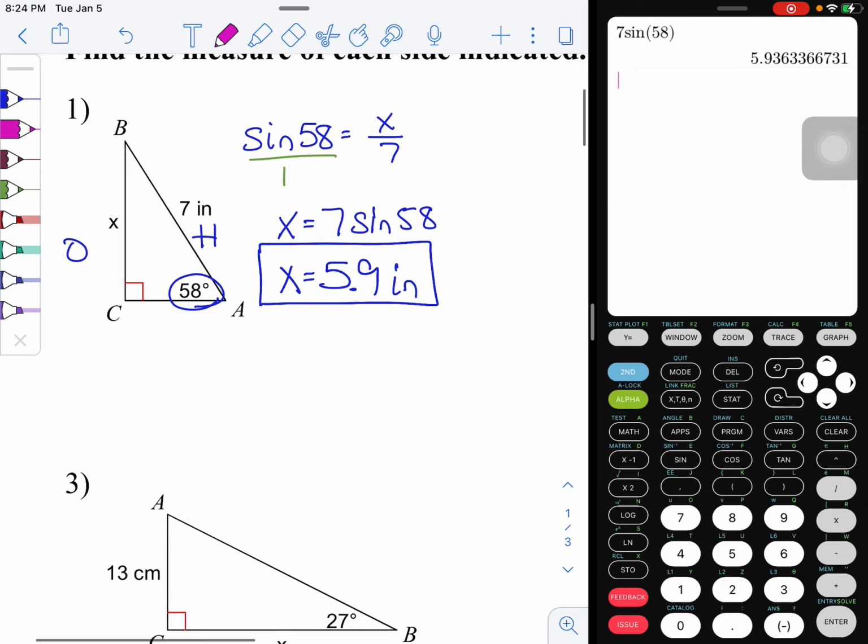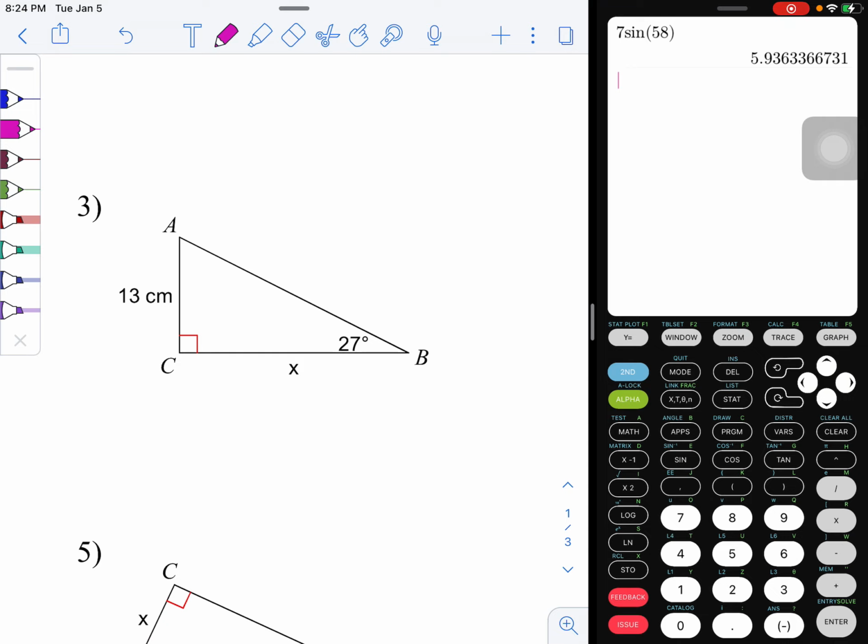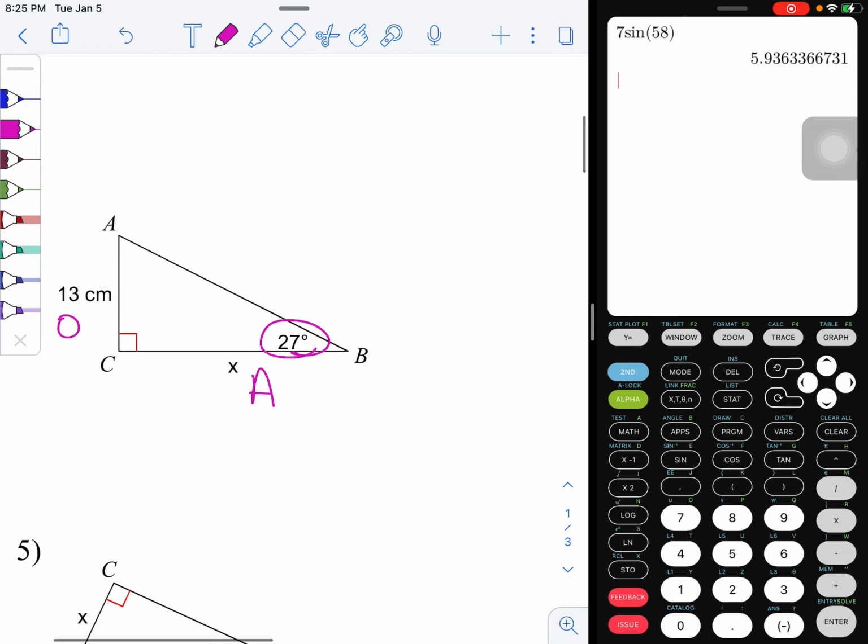All right. I'm going to go ahead and roll on down to number 3 here. Again, I'm just doing the odds. The even problems will be in part of the key, so you can check those answers if you want to. All right, so here's my reference angle of 27 degrees. We've got opposite 13 centimeters, adjacent x. So that tells me I'm going to be using tangent of 27 is equal to opposite over adjacent. Put the 1 in there if it makes you happy. We're going to cross multiply here.